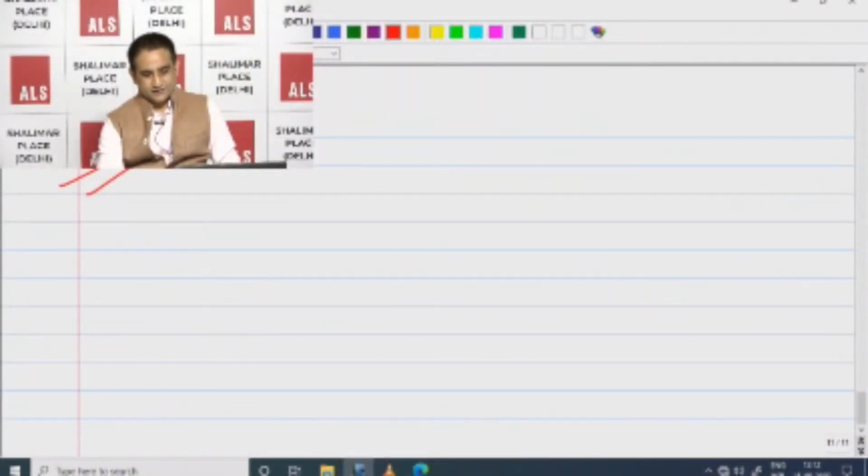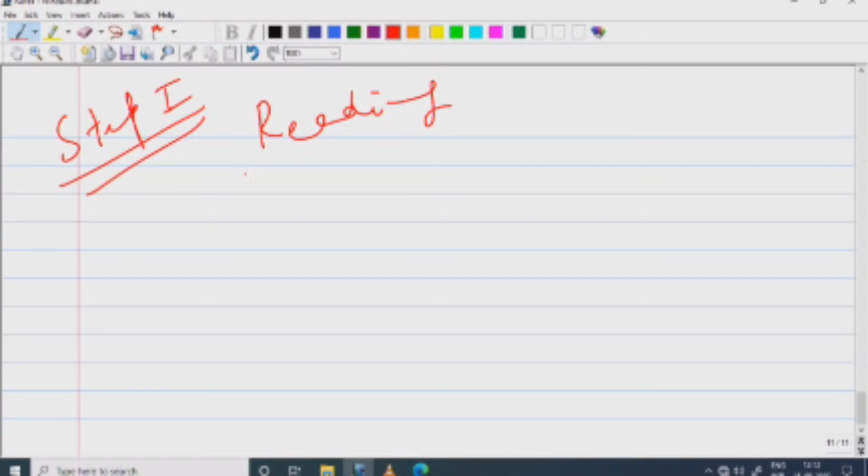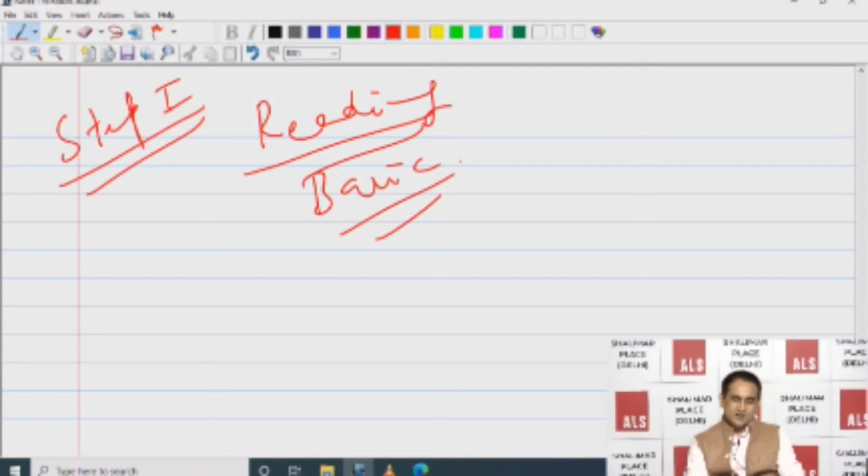Step 1 is how to prepare. Step 1 is right reading. Start with right reading. You need some basic reading for this optional. Don't jump to the question or syllabus.